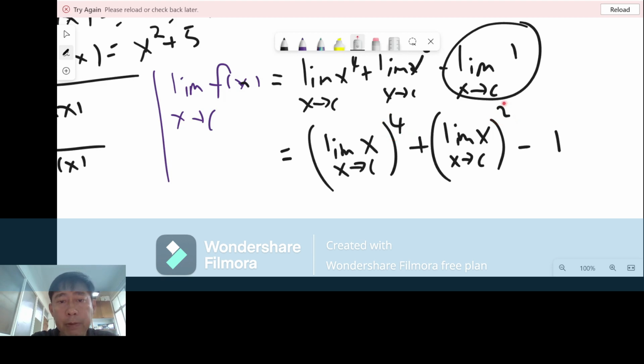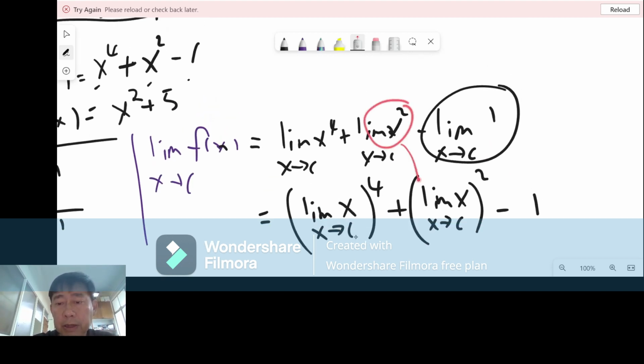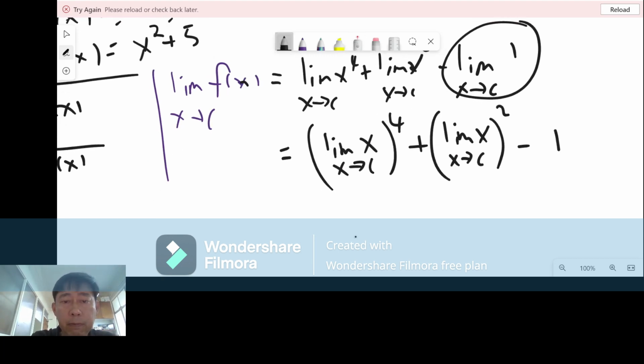Okay, so remember, I write down this term by referring to a law. I also write down this term to represent the limit of this function based on the law of theorem number 1. And now I got almost to the answer.